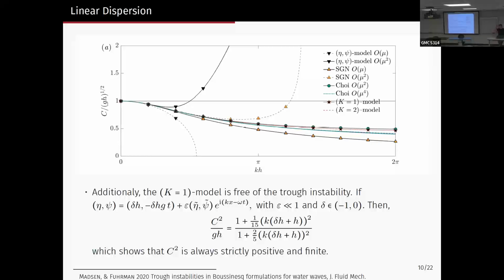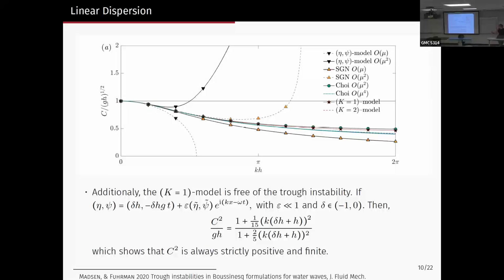These authors showed that several higher order Boussinesq type models suffer from a specific type of instability that they unveiled, assuming a solution of this form and solving for the linear dispersion relation. And they got something that was singular. And here I show you that in our case, it's non-singular.